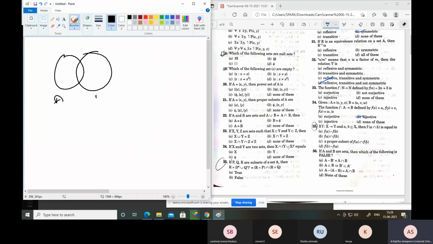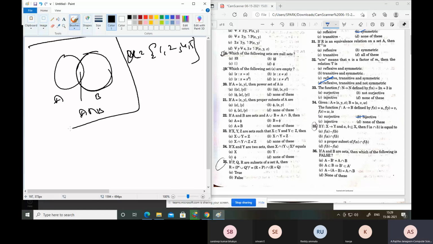This portion is called A intersection B, and this whole portion is called A union B. Now this is A minus B complement. B complement means those elements not in B. Suppose the universal set is 1, 2, 3, 4, 5, and A equals 1, 2 and B equals 5 only. And 3 is there. Then A minus B complement.